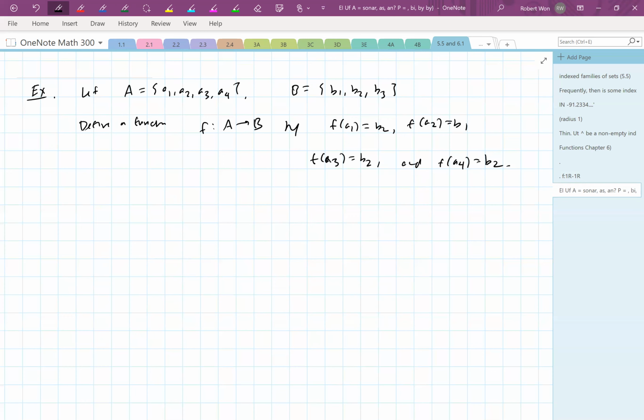Why? A function is a domain, a codomain, and a rule that assigns to every element of the domain exactly one element of the codomain. So here I've told you what my domain is. I've told you what my codomain is. And for every single element of my domain, I gave it exactly one element of the codomain. It was okay that some of them map to the same element, as long as each of them only maps to a single thing.